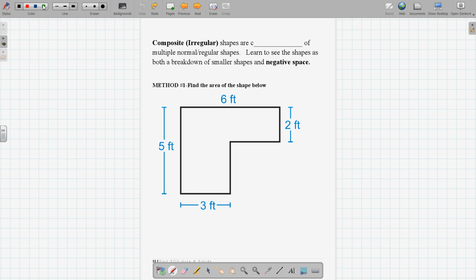So composite shapes are composed of multiple normal and regular shapes. It's important that you see the shapes as both a breakdown of smaller shapes as well as something called negative space. Let me give you an example of what I mean by this.